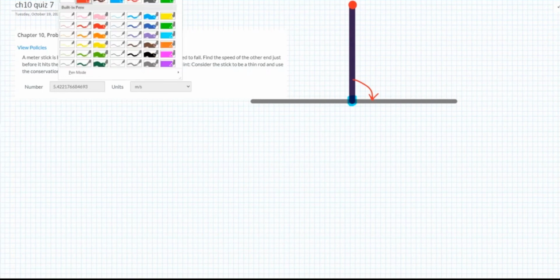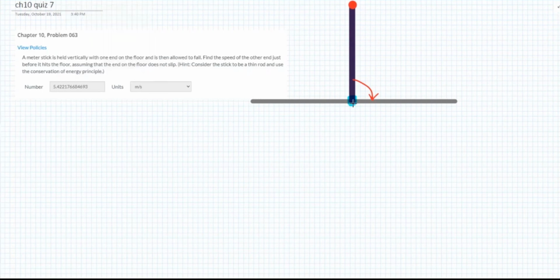So there's the meter stick, and here's the meter stick once it has hit the floor. It's just lying flat on the floor like that. And here's the same dot, now shown when it's lying flat.